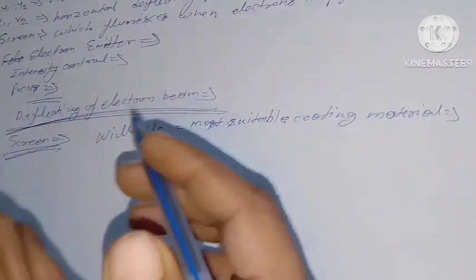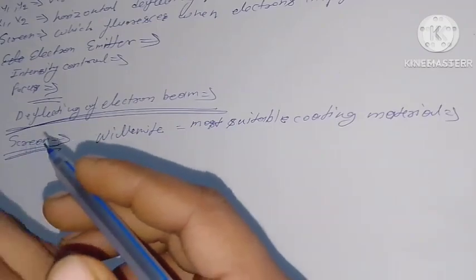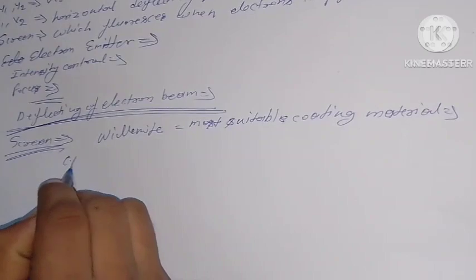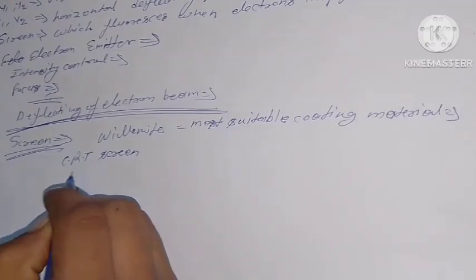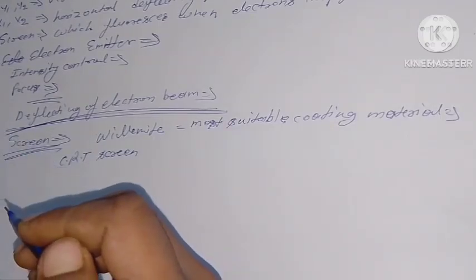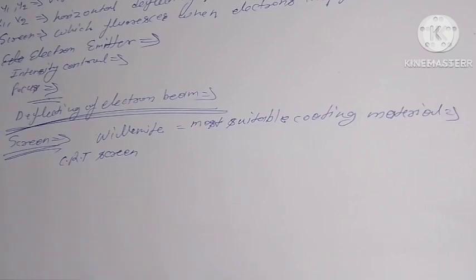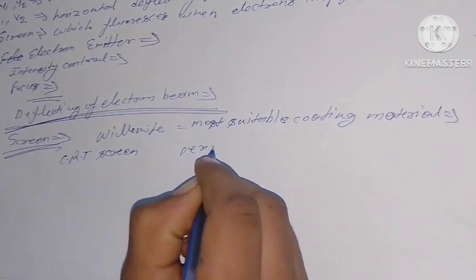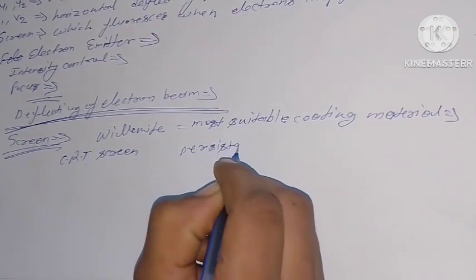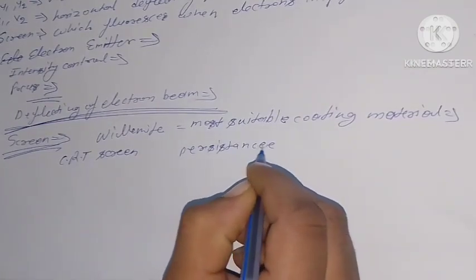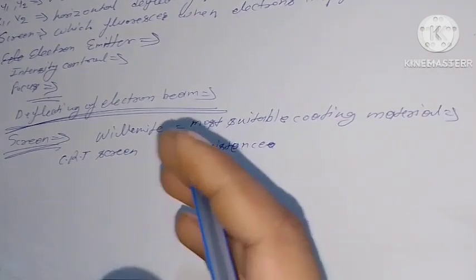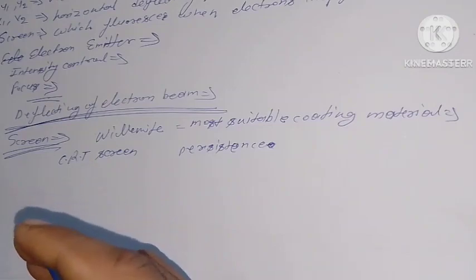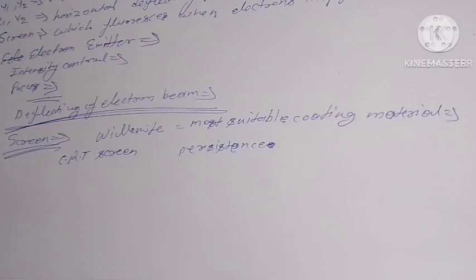In the selection of fluorescent material for a cathode ray tube screen, an important point to be noted is persistence, the persistence of its glow after the electrons have ceased to bombard the screen.